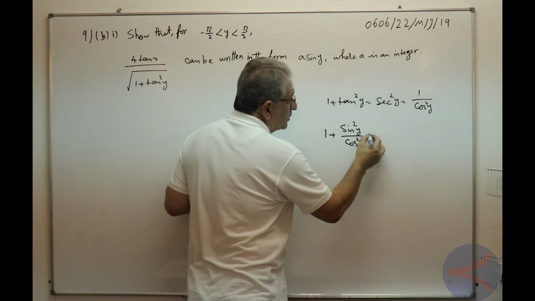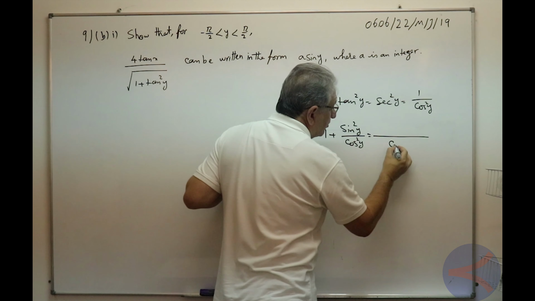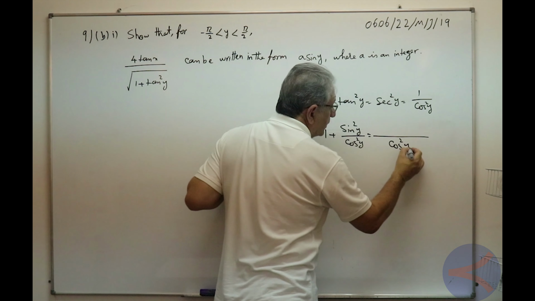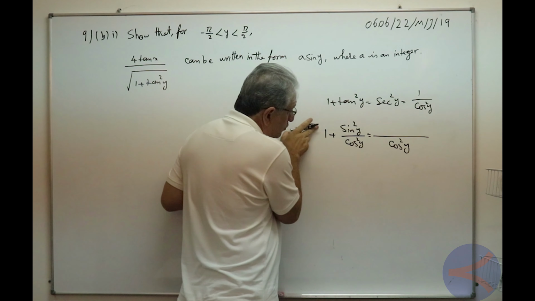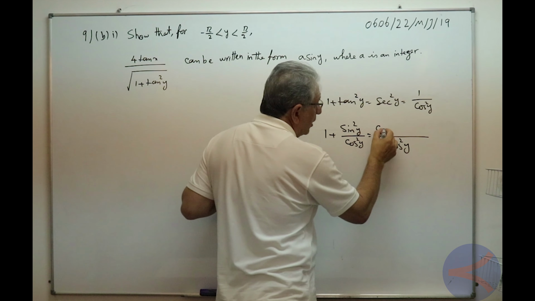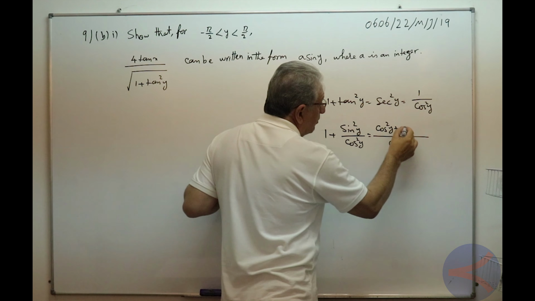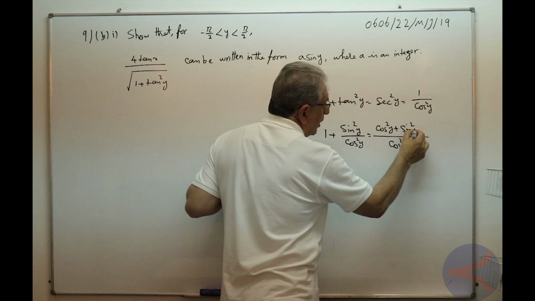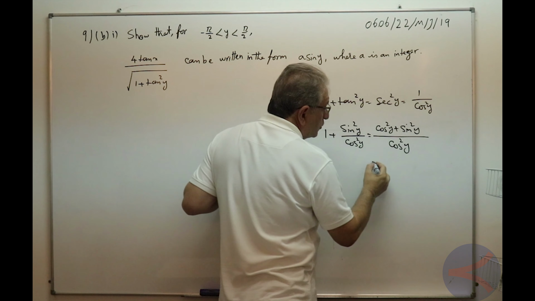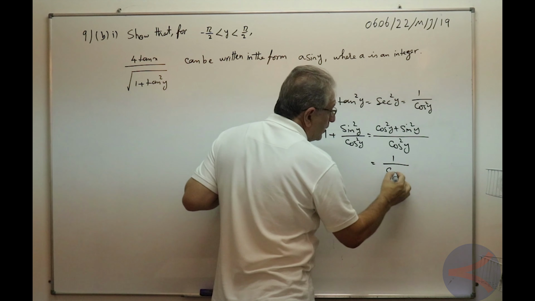Now we can take the common denominator, cos square of y, and this will also be cos squared divided by cos squared. We are getting cos square of y plus sine square of y, which is 1, so we are getting 1 over cos square of y.